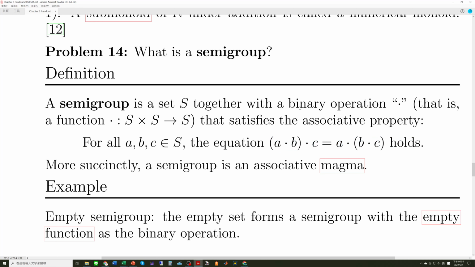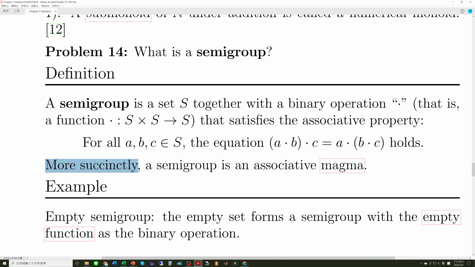That is, if we want to compute a · b · c, then we can compute a · b first, then dot with c. Or we can also compute b · c first and compute a · (b · c). The results of both sides of this equation are equal to each other.